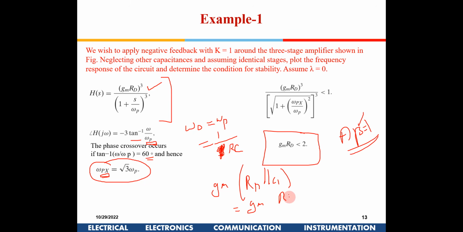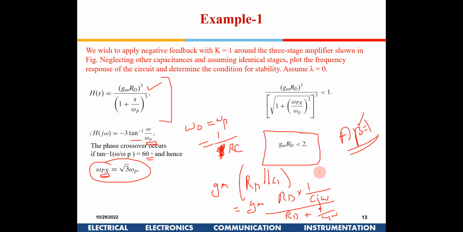GM into RD into 1 by C j omega divided by RD plus 1 by C j omega, right? So you simplify it, it would come to this. GM by 1 plus S by S p, right? If you replace this j omega by S, so that is what has been done.